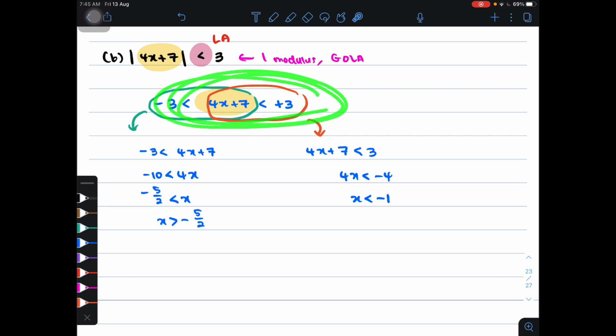Recall that this means that we need to put the word and. And kamu pun boleh nampak kata dia tally dengan la ni.